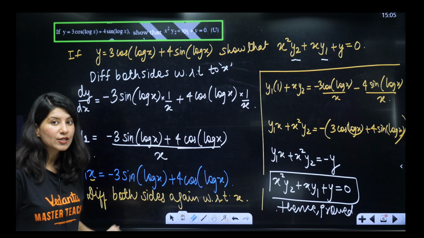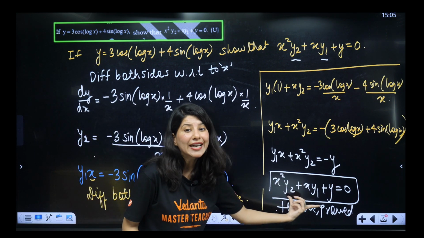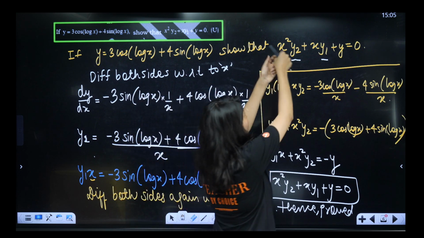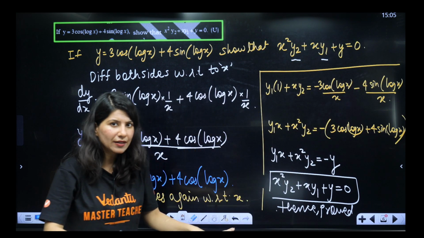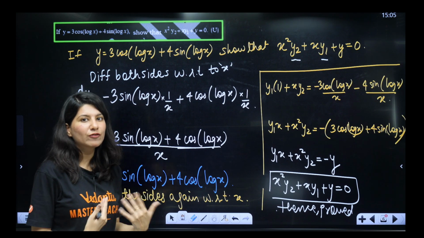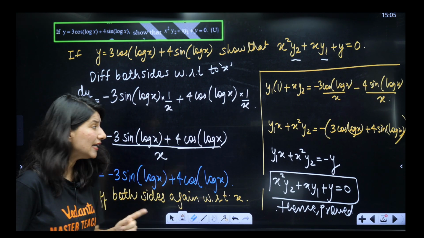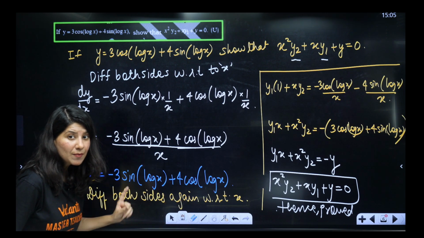Rather, you just focus on differentiation of the function twice and automatically you will get this. You don't have to put extra effort on putting the values of y2 and y1 and y here and then arranging. Sometimes you have to put in effort, but usually it will not happen, but only if you are differentiating the second time mindfully.